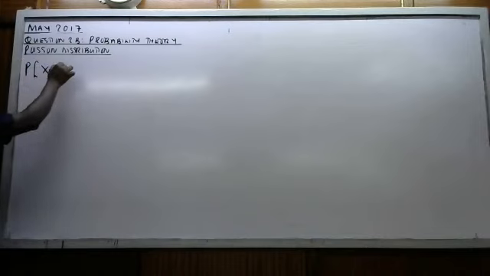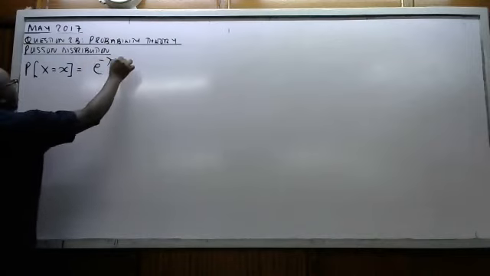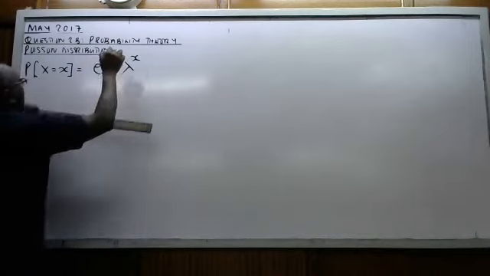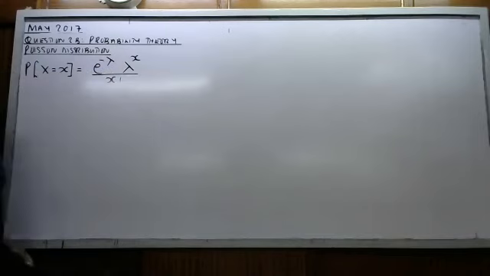So for the Poisson, the formula we know, probability of x is given as e raised to power minus lambda, lambda raised to x, divided by x factorial.